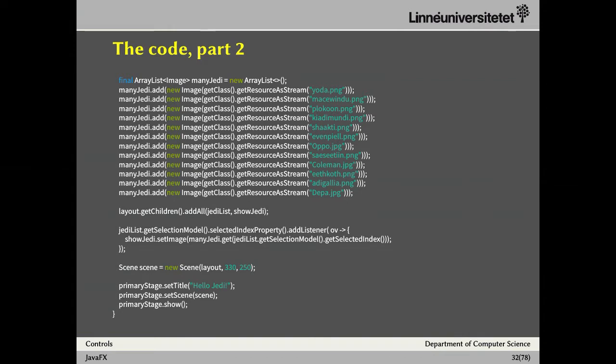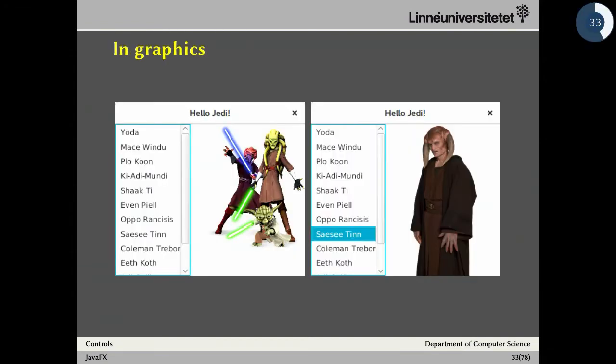We'll talk more about these event listeners in just a few slides. And whenever this happens, that I select something, I want it to display that index number from the image array in the image view. And when we run this, we will have something like this.